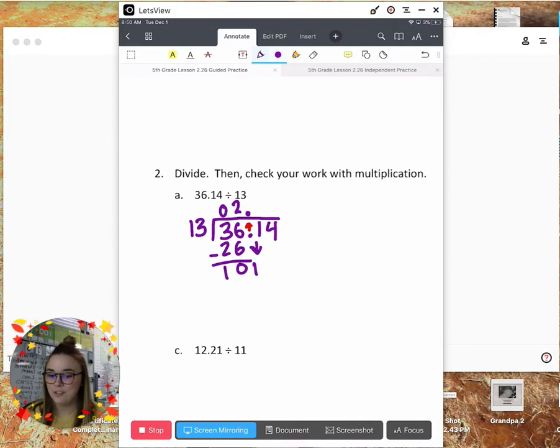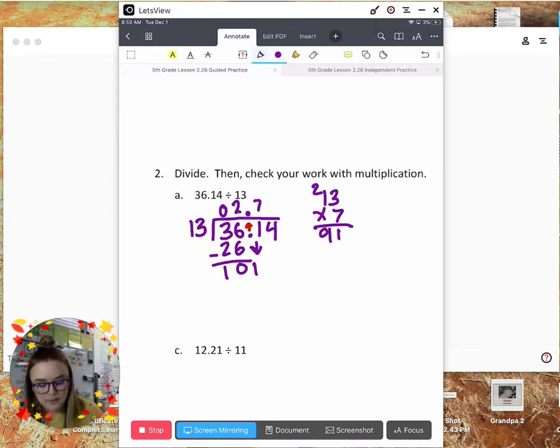That'll give us 130. So let's bring that down a little bit. Let's try 7. So we'll multiply 13 times 7. 7 times 3 gives me 21. 7 times 1 gives me 7, plus 2 more gives me 9. Okay, so that's pretty close. If I add any more onto it, I'm going to go over.